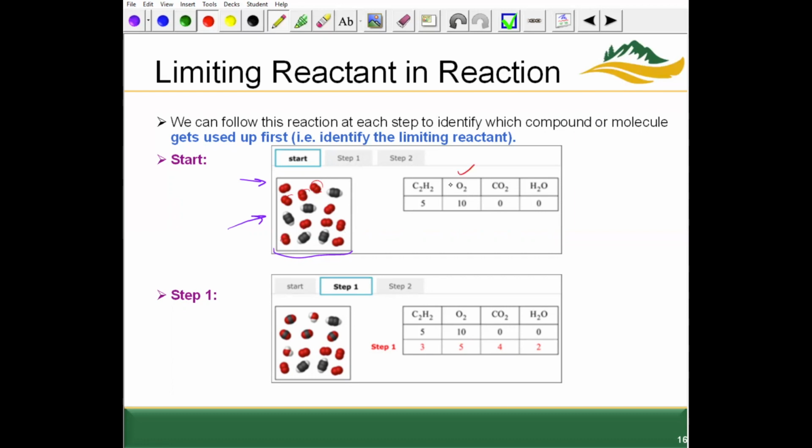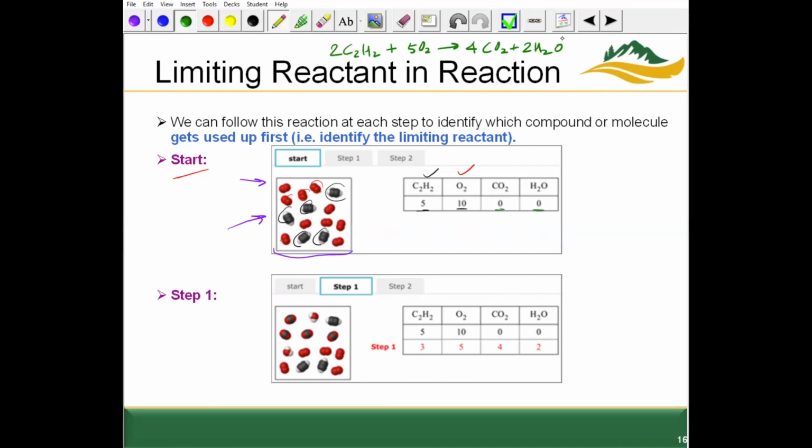So here we're just counting how much we're starting with. We'll come back to the balanced reaction as we're trying to figure out ultimately what is our limiting reactant. For C2H2, we have 1, 2, 3, 4, 5. So we're starting with 5 C2H2 and 10 O2. Then none of the products are formed yet, so these are still 0.